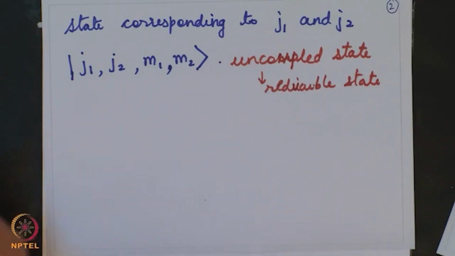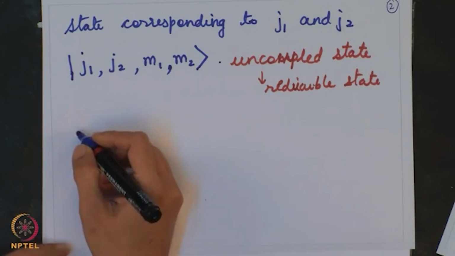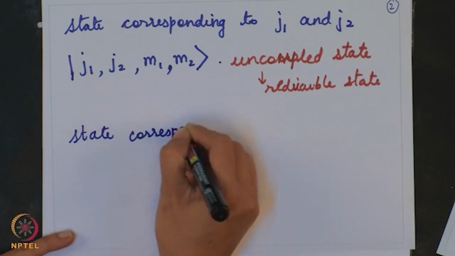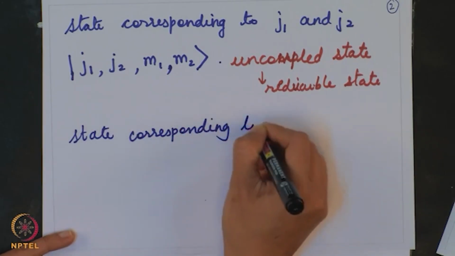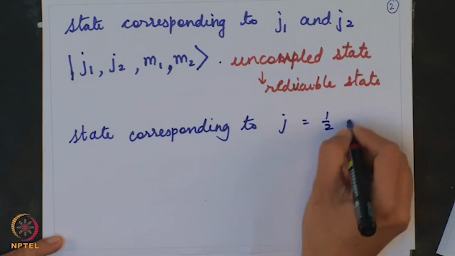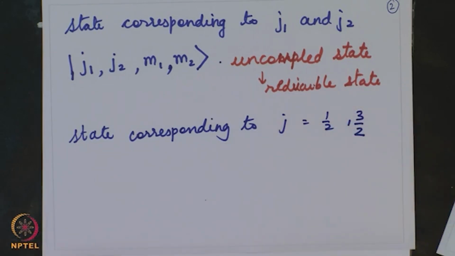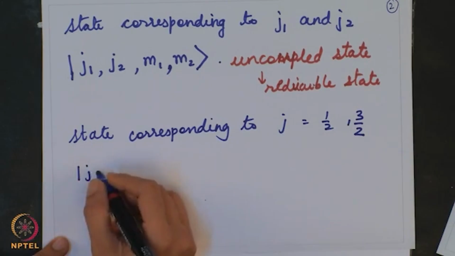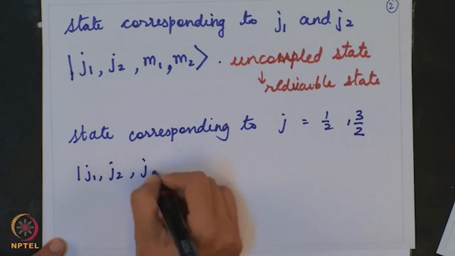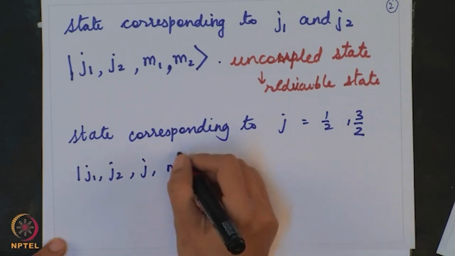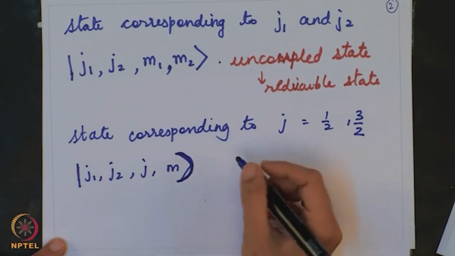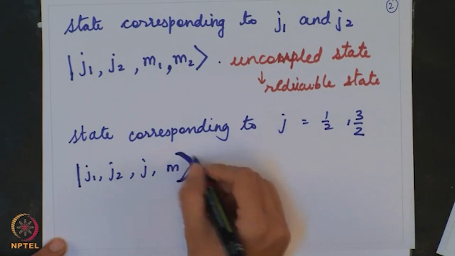The state corresponding to J, that is J is half and 3 by 2, can be written as J, J1, J2, J, M. In your lecture you have seen that it is denoted by an angular bracket.